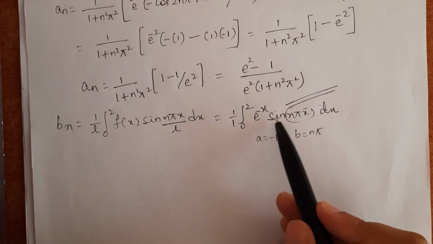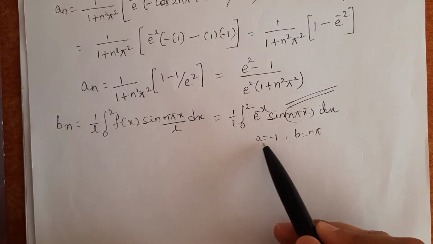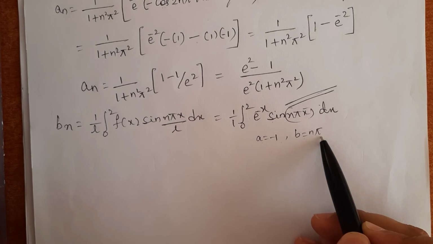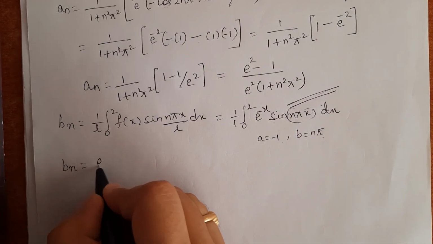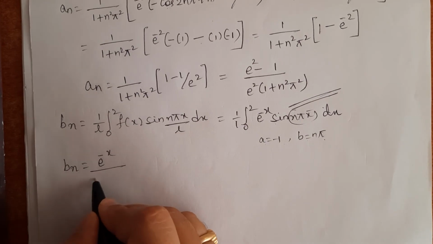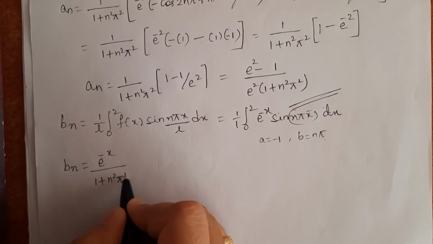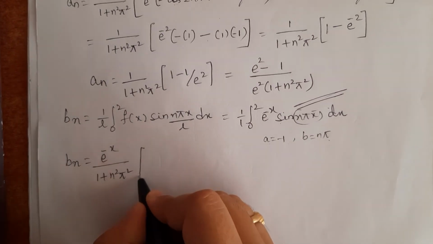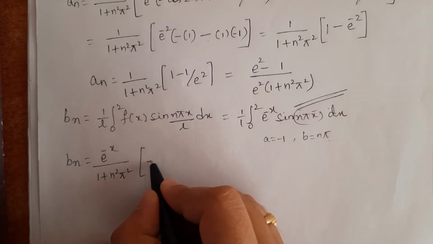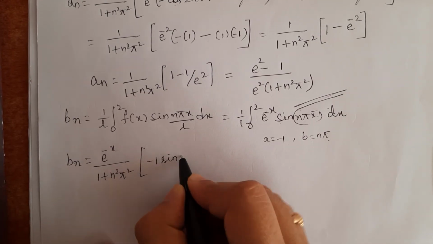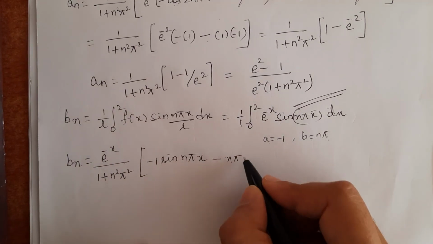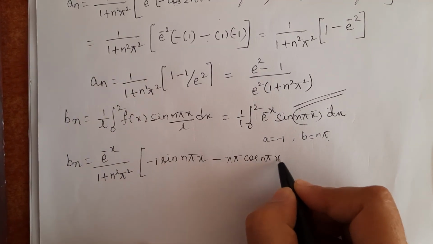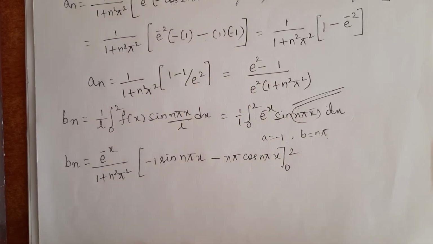So, when I compare with the standard result, a value is minus 1 and b value is n pi. So, my bn value will be equal to e power ax divided by a square plus b square, 1 square plus n pi square into a sin bx minus 1 sin n pi x minus b cos bx, n pi cos n pi x between the limit 0 to 2.